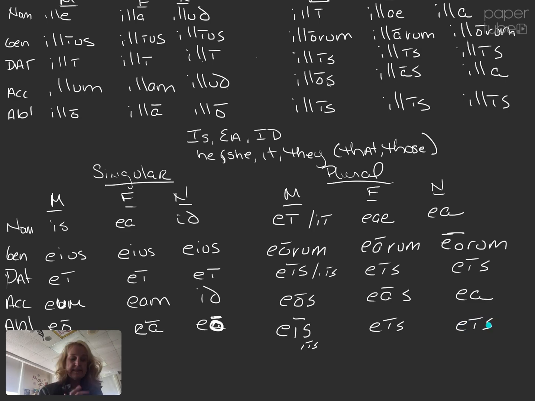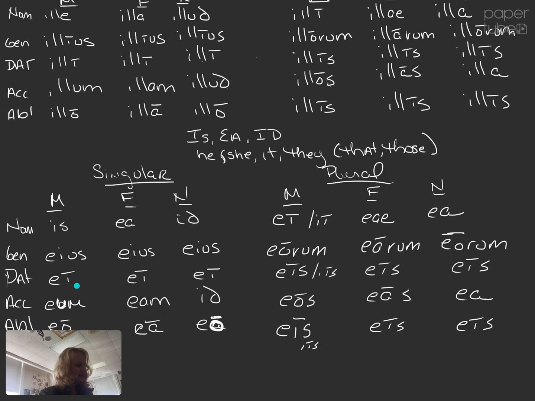As I write out is, ea, id, and look at the alternative forms that are included here that were not included in my grammar book, the red one that I made when I was in middle school, what I notice is how similar the ille, illa, illud and the is, ea, id are, to the point grammatically that I would argue that is, ea, id may have formed off of ille, illa, illud as a conversational shortening, especially when you look at the e's, the plurals.